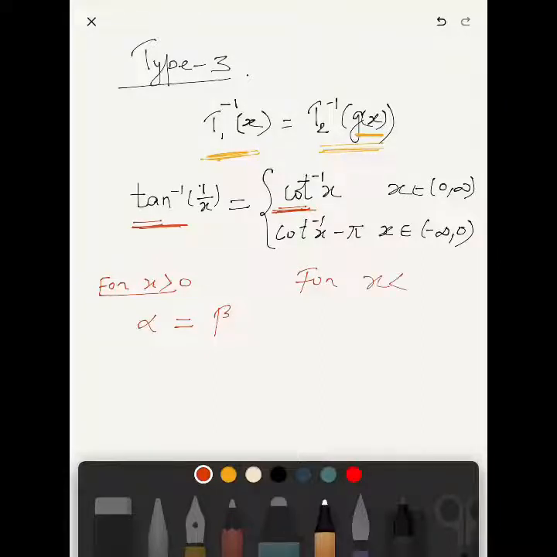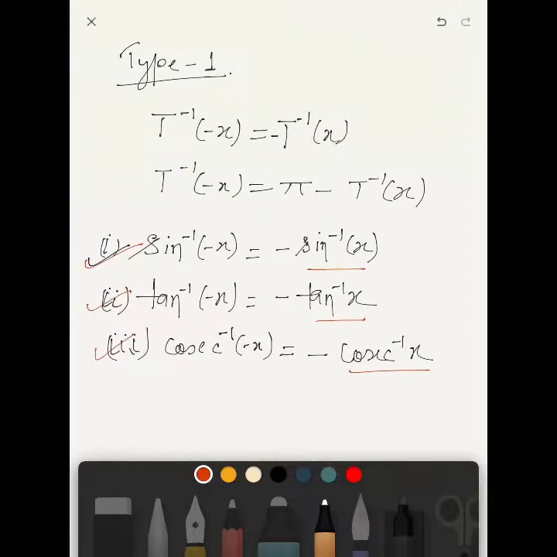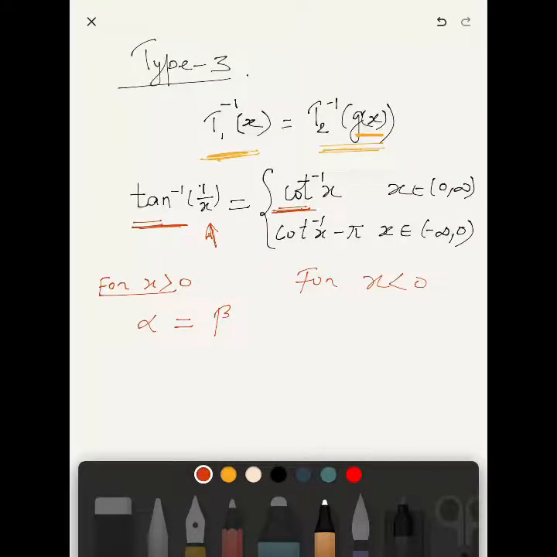But for x less than 0, means when x is from minus infinity to 0, your input is negative, isn't it? So for that, what is the answer? When you give negative in the input, your answer comes out to be the negative of that function. So I'm giving negative here, then the negative of that function will be minus alpha, since I have taken this function as alpha and the other as beta.